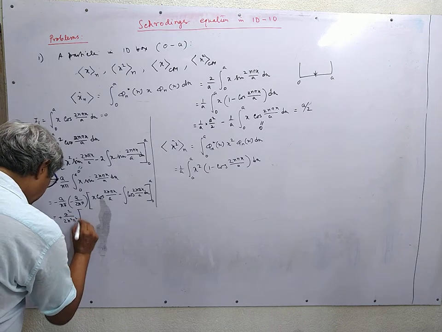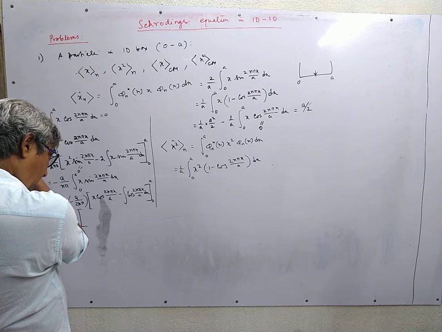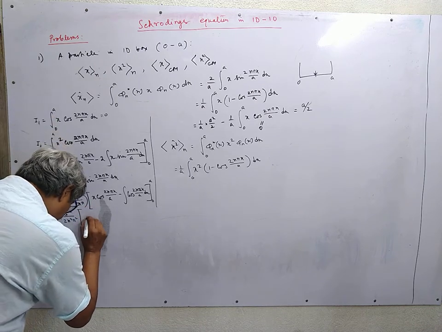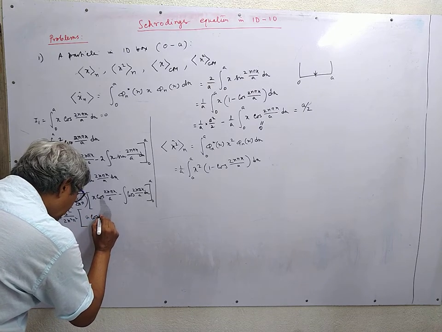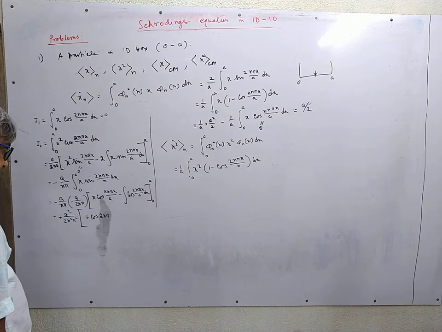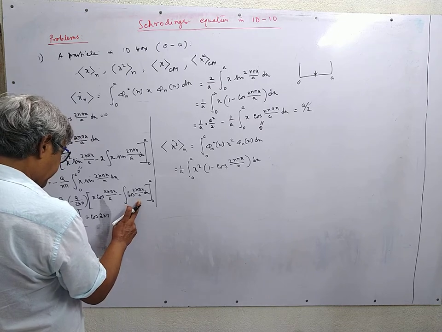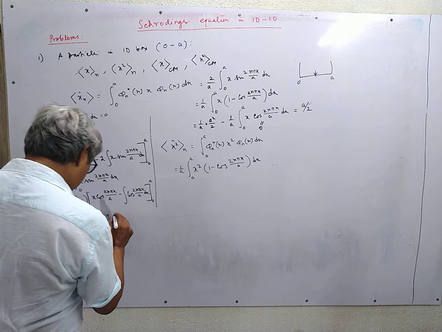Then this is 0 in the lower limit, and in the upper limit it is a cos of 2n pi, which is 1. And when we integrate it, the sine function will come, which is 0.